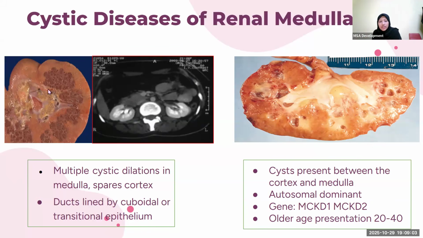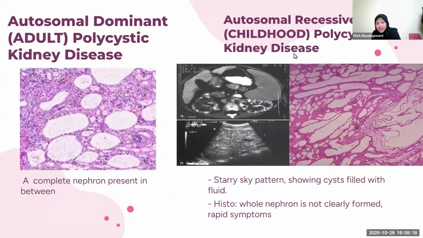What you see here is cysts in the medulla only, sparing the cortex. So multiple cystic dilations in the medulla. In the imaging itself, you will see cysts in the medulla. You will see brightening. Here it was in the cortex, right? This one is for the polycystic. This one, specifically medulla, is only in the middle part.